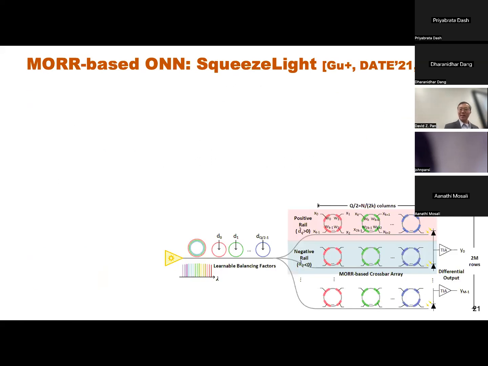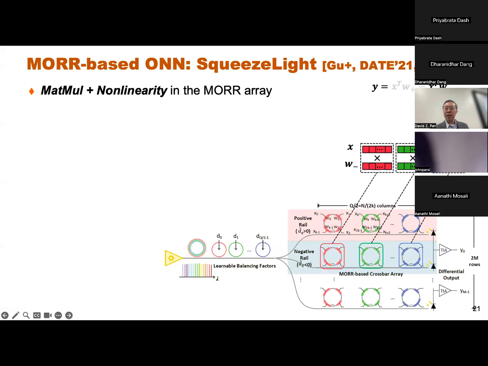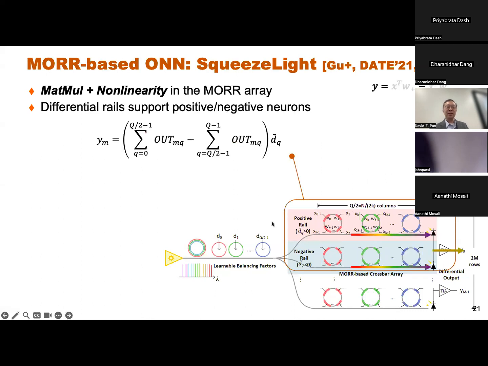So you can also use this to do different controls. The key idea is, if you want to build an optical neural network, in the past you needed many, many rings, but now one ring can do that. That's nice. The basic component is this multi-operand ring, and then we can build a differential structure so that you can handle both positive and negative values, since sometimes you have negative values.